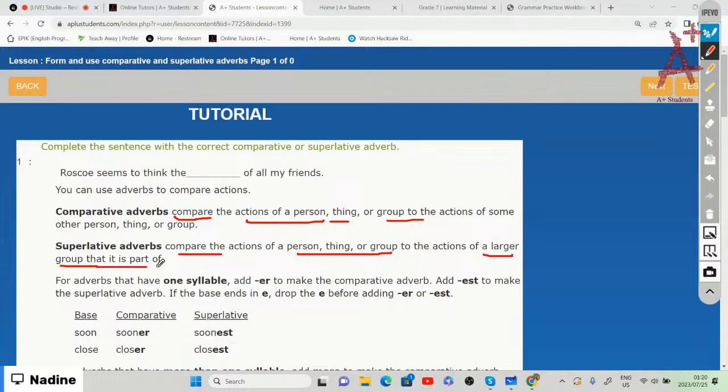So that is superlative. Comparative is where you're comparing it to one person, and superlative is where you are comparing it to a larger group that is part of it.